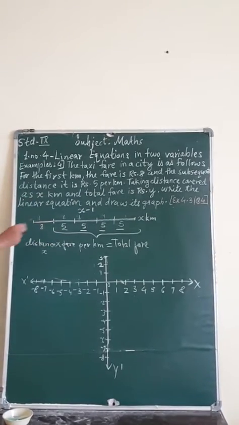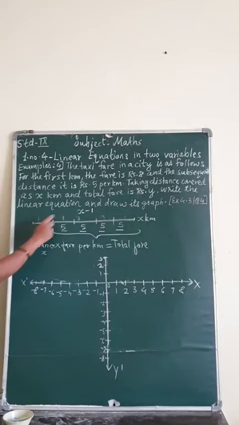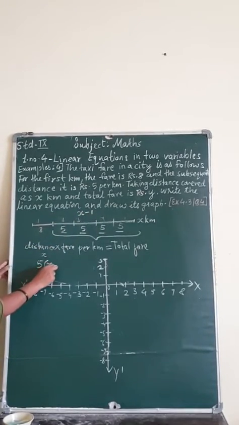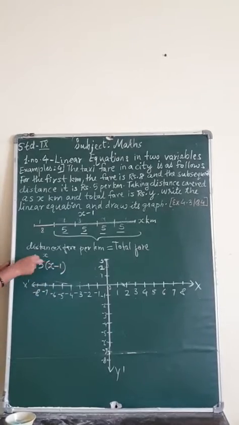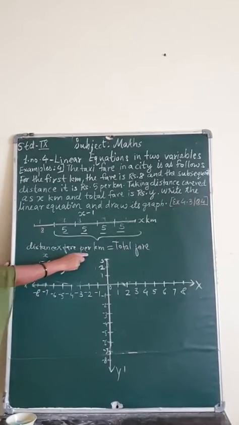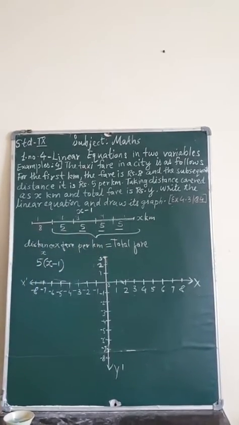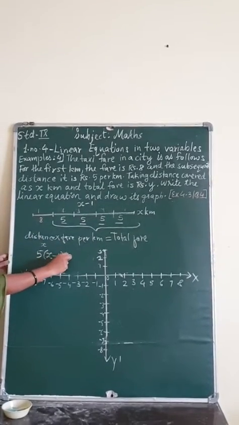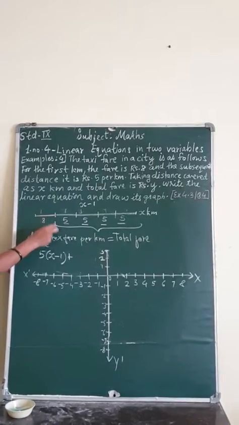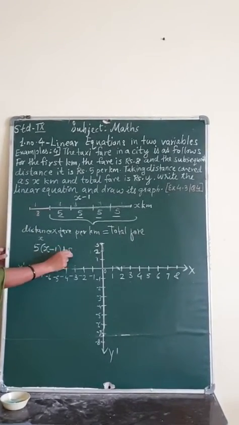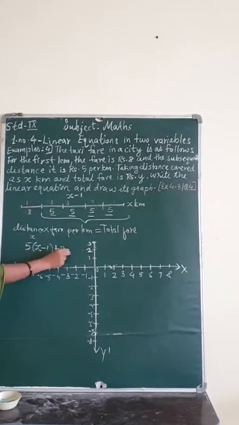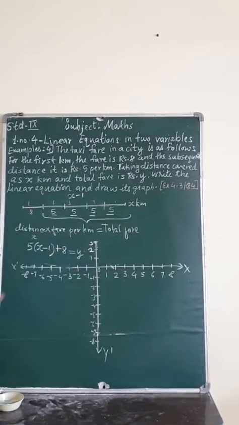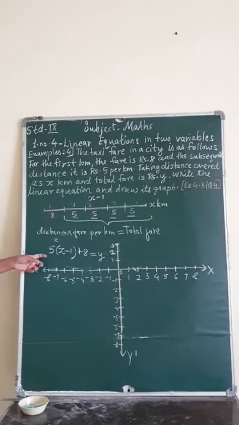So for this whole x minus 1 kilometers, we get 5 into x minus 1, that is distance into fare. But plus 8, that is for the first kilometer. And then we get the total fare, which we take as y.